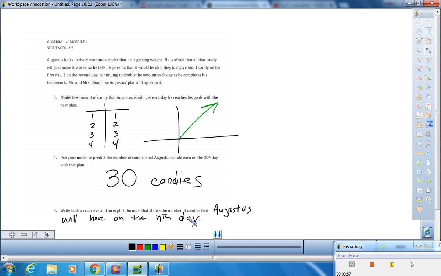So it should be f of n equals 1n. The slope is 1. And recursive, f of 1 is 1. F of n is f of n minus 1 plus 1. So very similar to the last one.